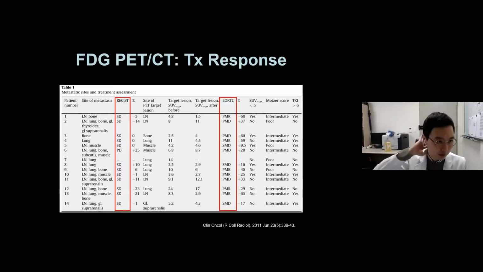And for these therapies, there has been a study on whether the FDG PET can be useful for evaluation of the sunitinib treatment response.